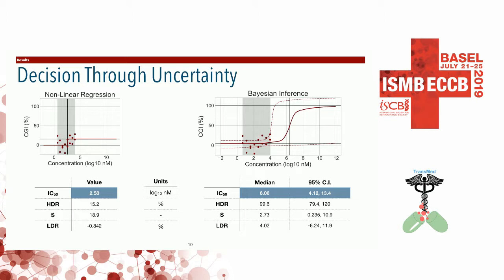Something else that's very interesting here is that if we zoom in on the experimental concentration range, we see that the curve is flat there, and this is what we would expect given our initial data set. Another thing to notice is that the median curve goes all the way to our optimal maximal value, which from the data we know is probably not the case.